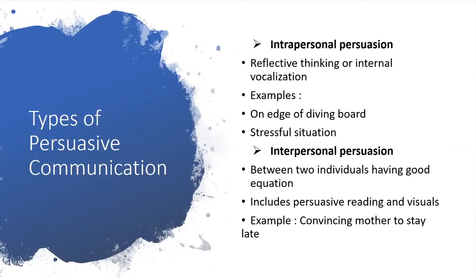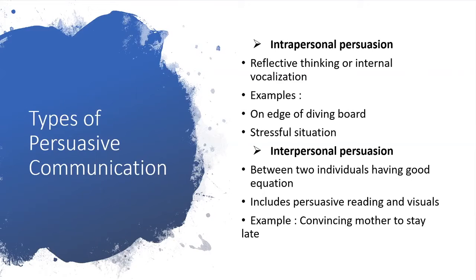The first type of persuasive communication is intrapersonal persuasive communication. Intrapersonal persuasive communication involves reflective thinking or internal vocalization. It happens when an individual is trying to convince themselves to do something.